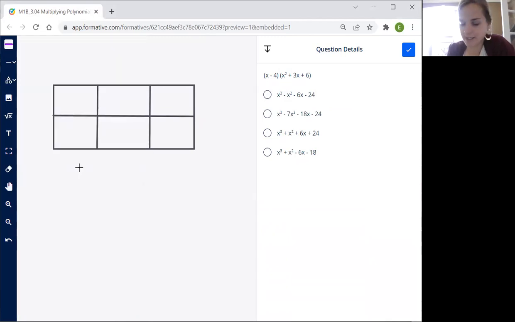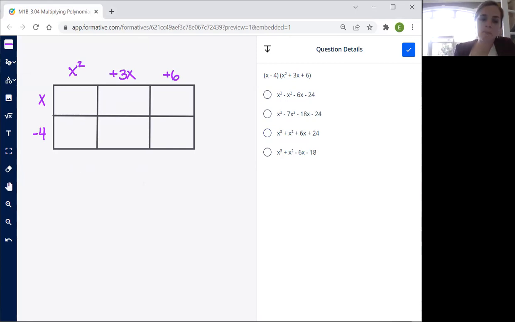We put the binomial on the 2 box side and the trinomial on the 3 side. Notice how I keep the signs with them, because the signs need to go with the actual box.